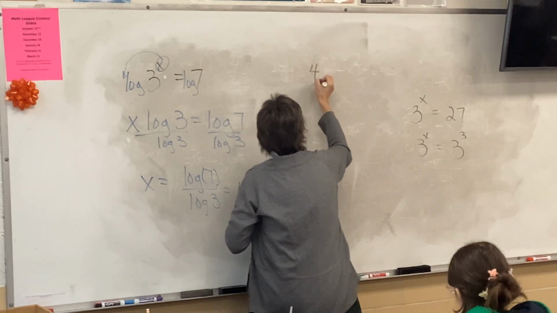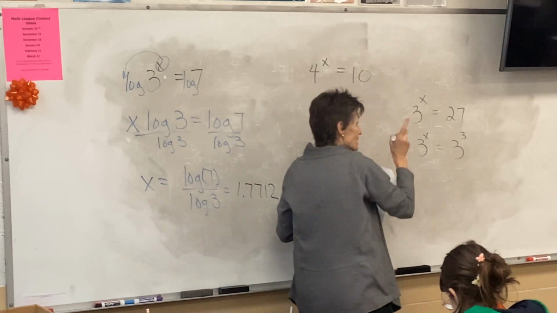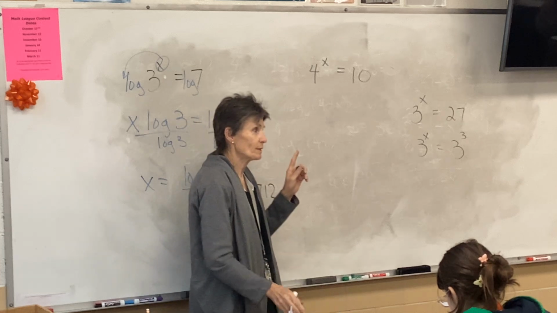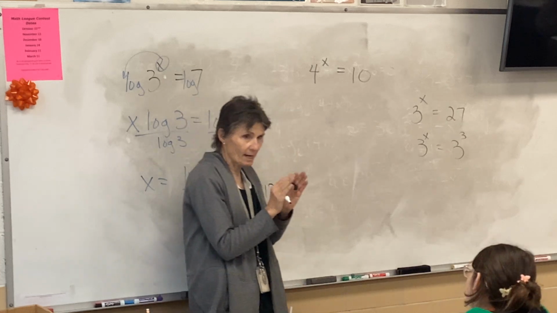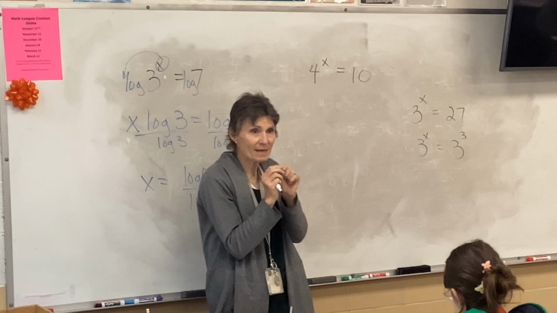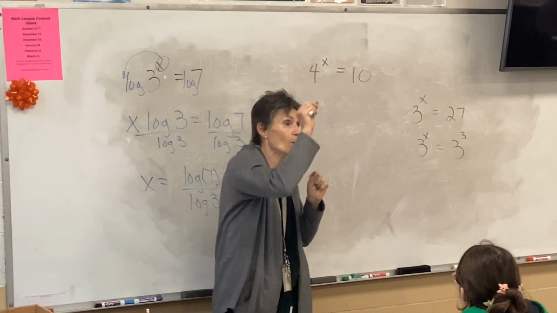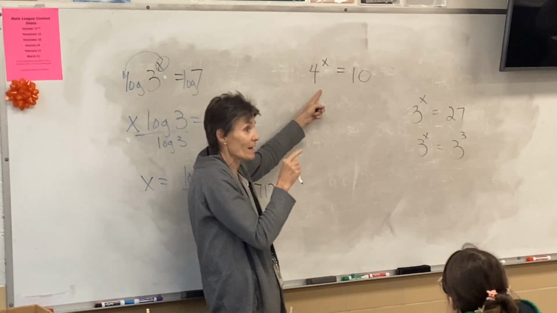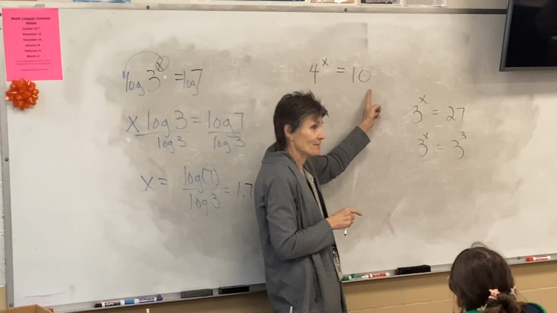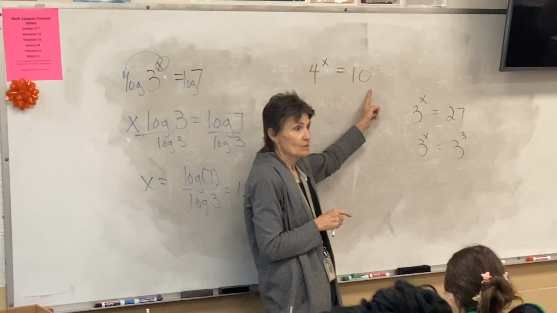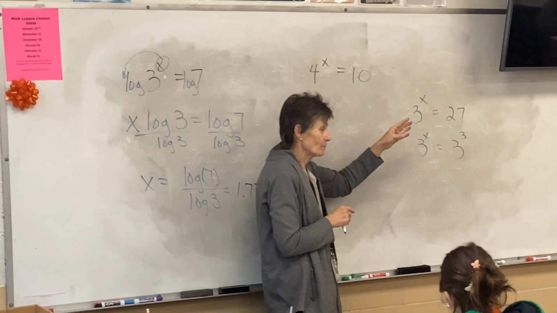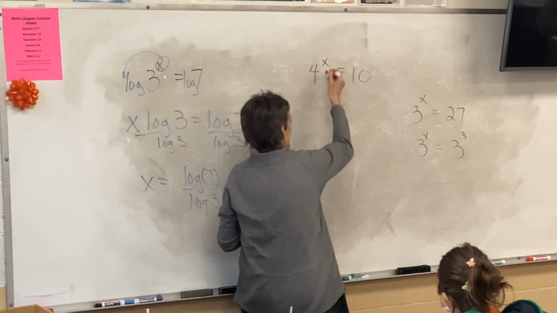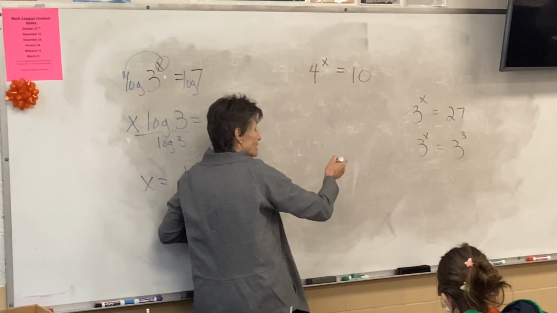This one. Can you get a common base between 4 and 10? No. Now I know what some of you are thinking. 2 goes into both. It does. But remember, when we say a common base, you have to have something to a power. This is 2 squared, but this is not 2 to a power, right? So there's no common base. So what do we do when we have to figure out our exponent, but there's no common base?